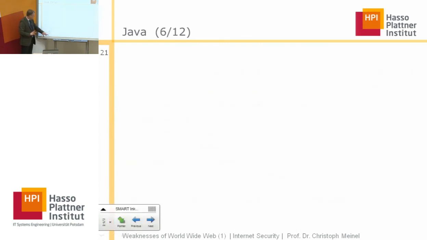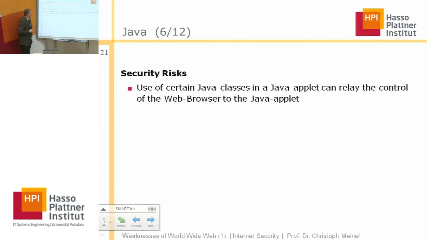I want to explain some of the security risks around Java. Although we have to clearly say there are a lot of security mechanisms, a lot of prevention and a lot of good conceptual work with Java, there are some remaining security risks. For example, the use of certain Java classes in a Java applet can relay the control of the web browser to the Java applet, and then the Java applet can cause some activity.